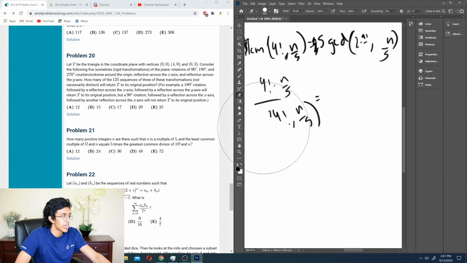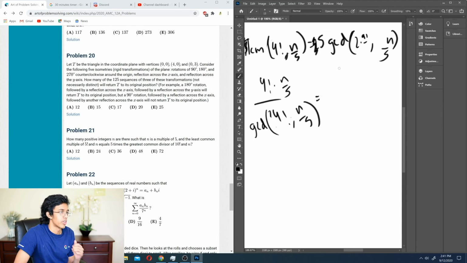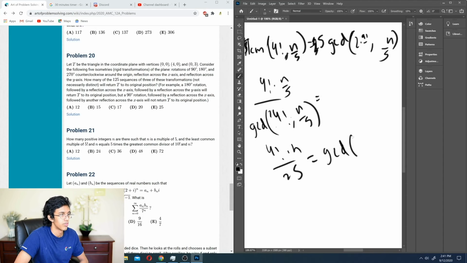Hold up. Well, now we have 2 similar things though, right? We have 4 factorial over here, and then we have a GCD on both sides involving n over 5. So essentially we got 4 factorial times n over 25 is equal to GCD of 2 times 9 factorial, comma n over 5.